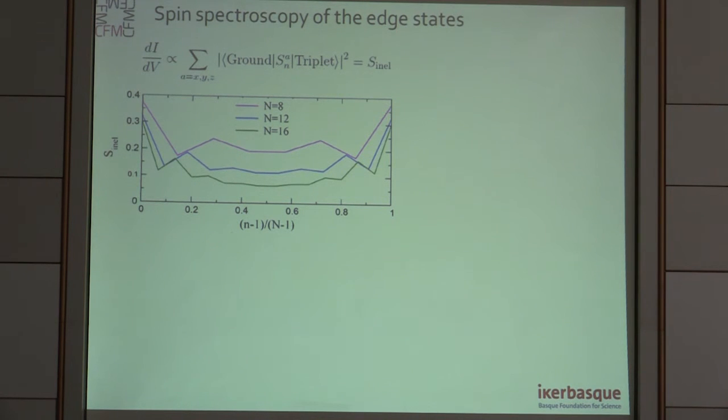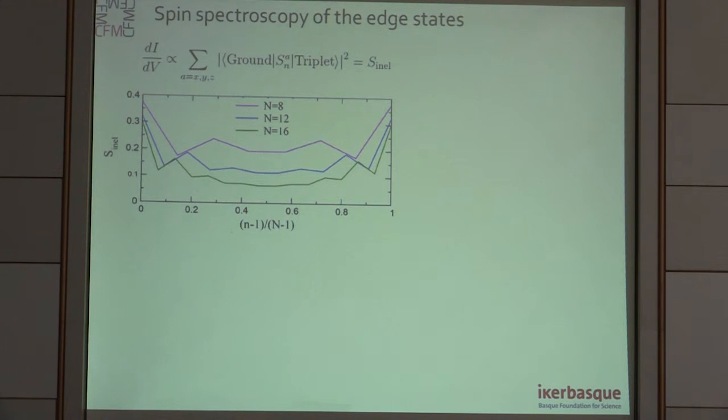So we also know from the spectroscopy of magnetic atoms that the differential conductance is proportional to matrix elements between the two states involved in the inelastic transition. In this case, if we are talking about a transition between the ground state of the system, let's say the singlet state, and the triplet, we'll have these matrix elements.